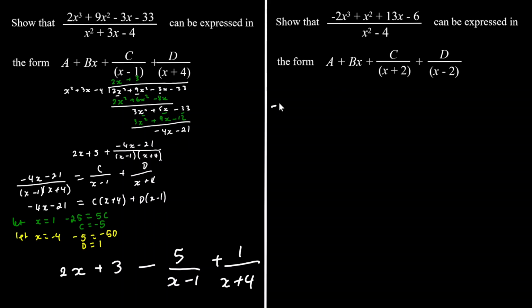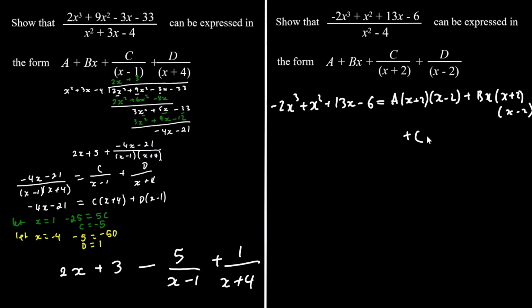So we're going to say negative 2x cubed plus x squared plus 13x minus 6 is equal to a times x plus 2 times x minus 2 plus bx times x plus 2 times x minus 2 plus c times x minus 2 plus d times x plus 2.